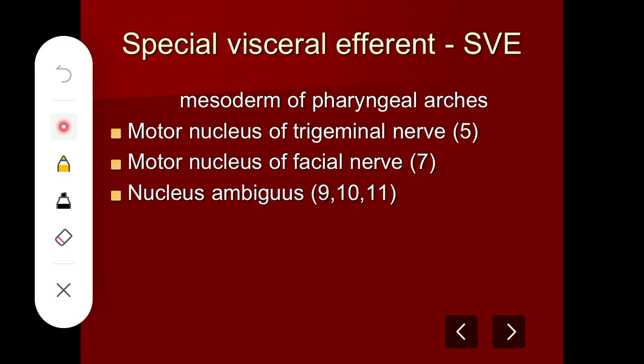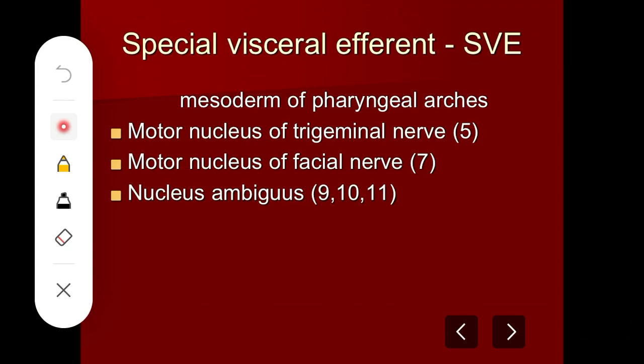SVE means those structures that are derived from the mesoderm of the pharyngeal arches. You remember the pharyngeal arches? The first pharyngeal arch was supplied by the mandibular nerve. So the functional nucleus will be represented in the motor nucleus of the trigeminal nerve.